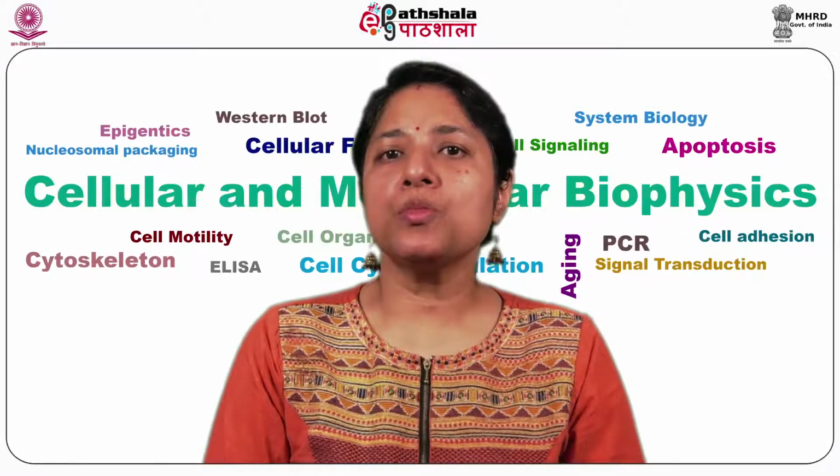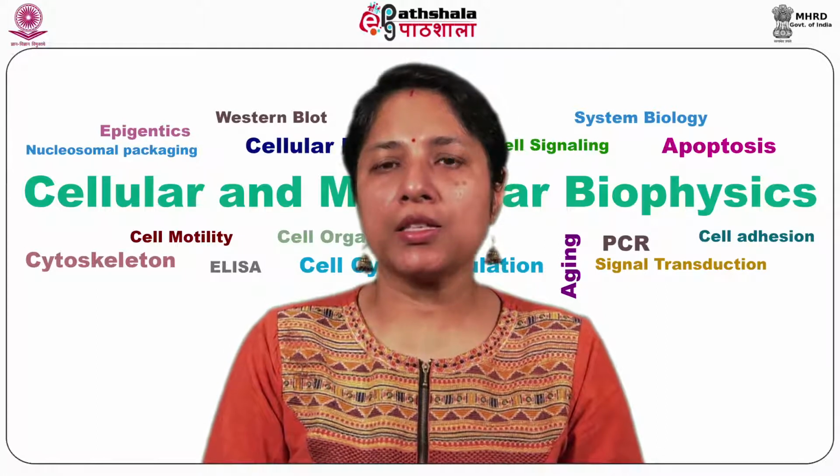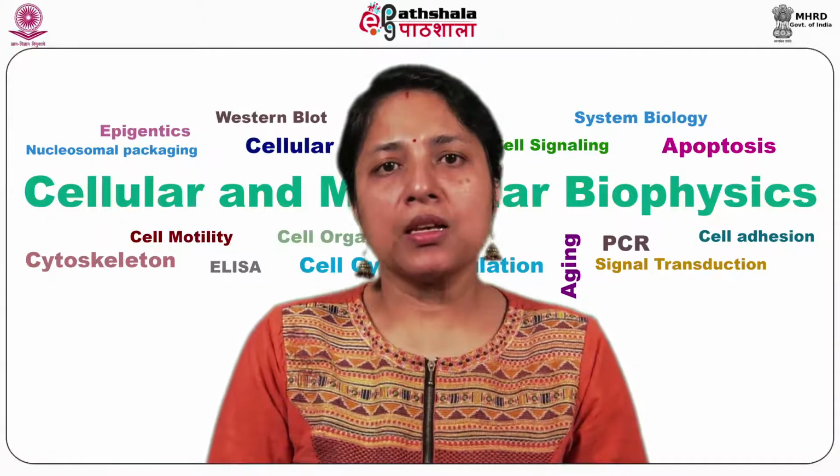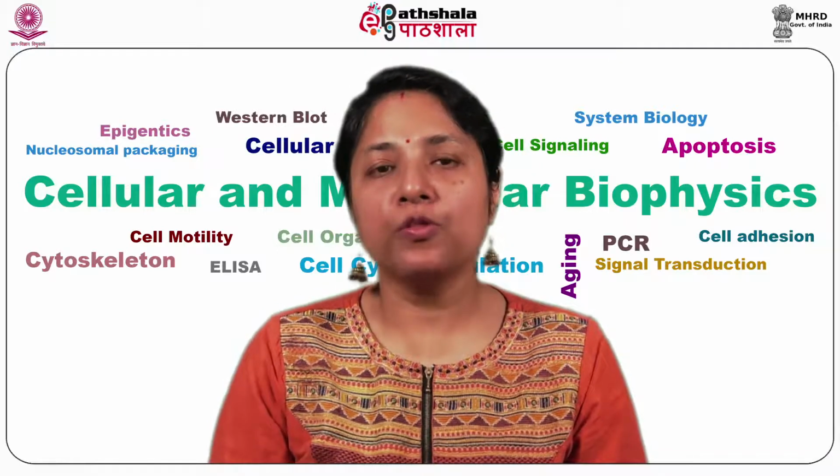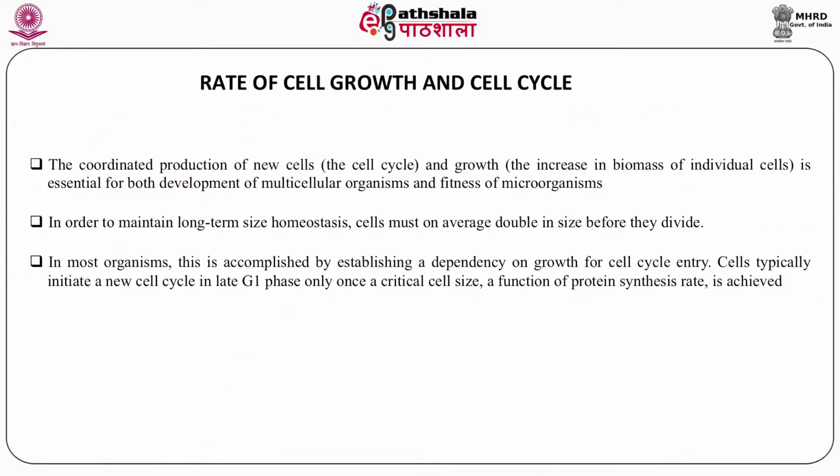In order to maintain long-term size homeostasis, cells must on average double in size before they divide. In most organisms, this is accomplished by establishing a dependency on growth for cell cycle entry. Cells typically initiate a new cell cycle in late G1 phase only once a critical size is attained.